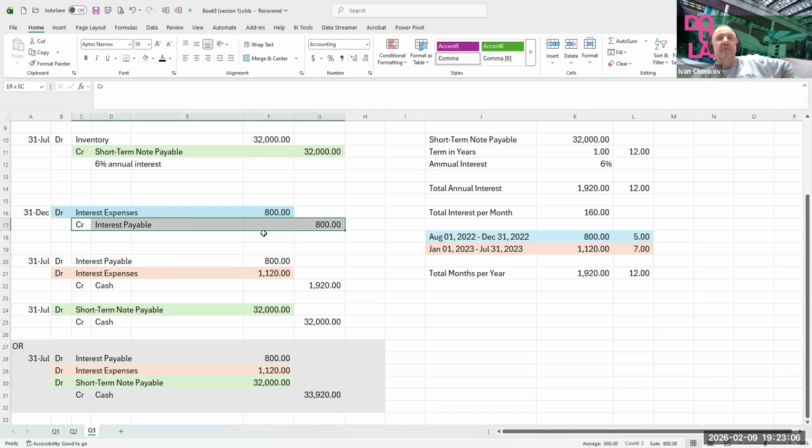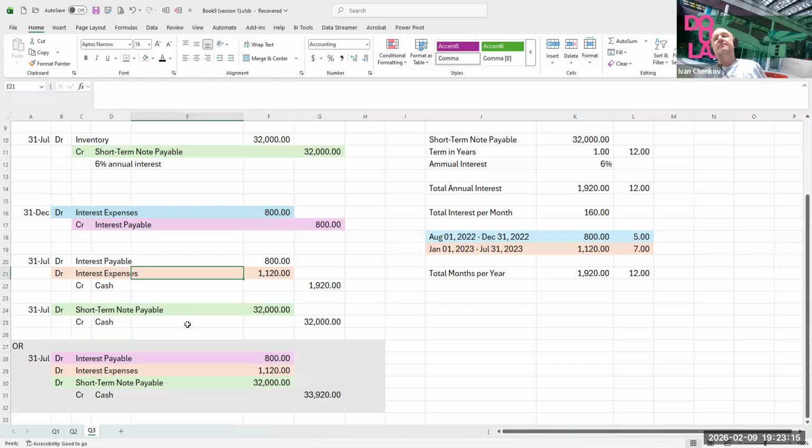And that's our interest payable. Let's use a different color. That will be this one. And now we're fully colorful from everywhere. That makes sense?